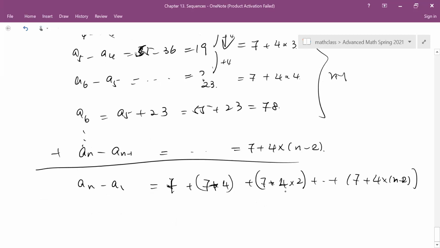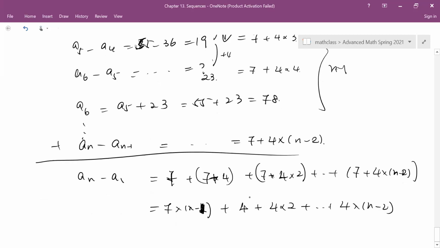How many terms here? N minus 1 terms. So let's pick up all the 7s: 7 times n minus 1, since I have n minus 1 terms. And then plus 4, and plus 4 times 2, plus 4 times n minus 2. So the common factor is 4.